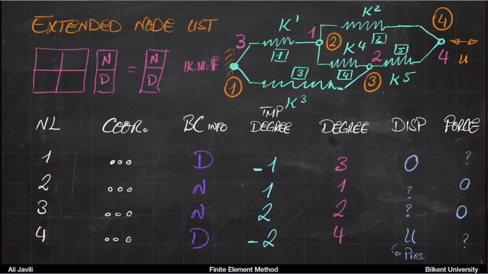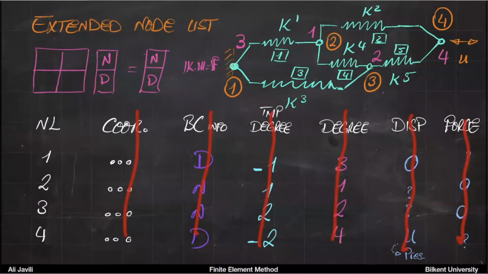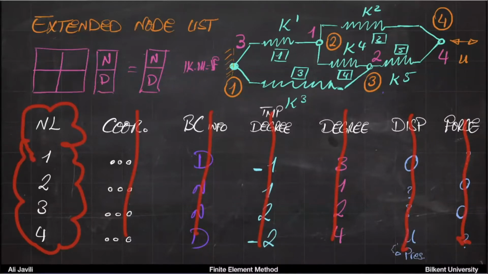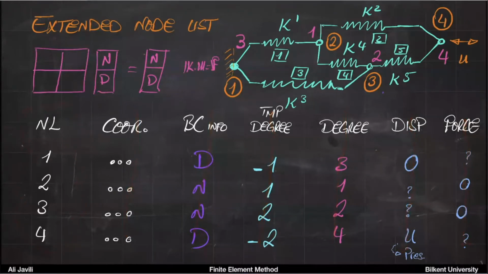Okay, so now if you look at this system, you have your node list, and then you have 6 columns. This is exactly how it works. So you always have your node list, and then again, if you program it in MATLAB, you don't necessarily need to store the first column, because that would be the index, the row counter in your vector, for instance.